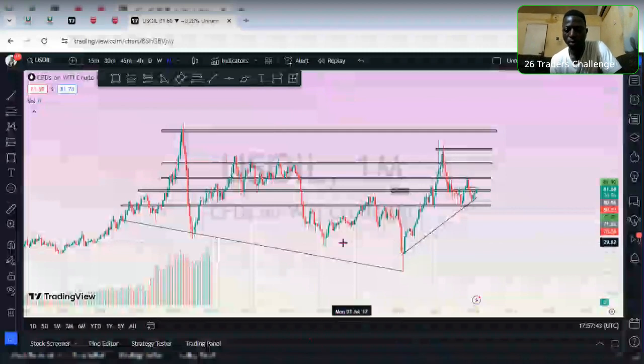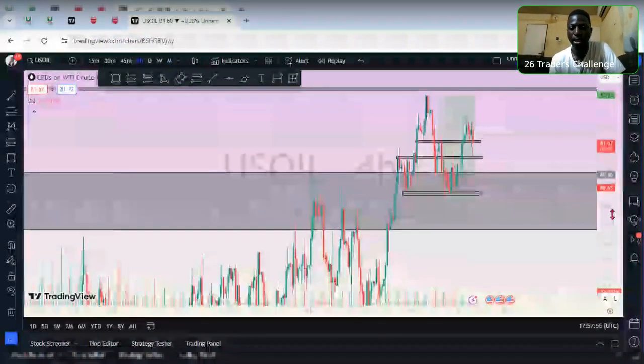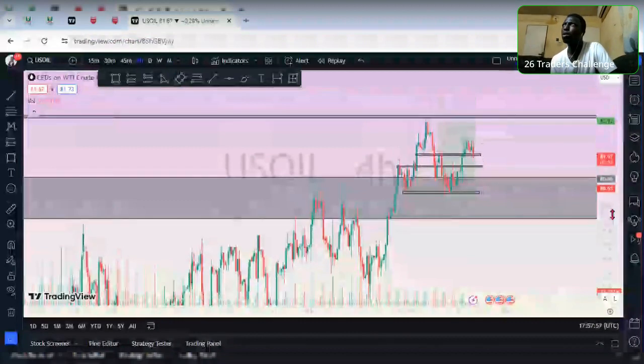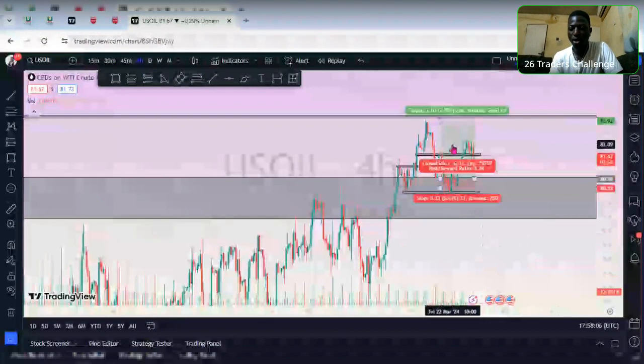Let me go to the 4 hour time frame. Now, on Sunday we analyzed that this market was going to go up. Then the market was here, and we came here yesterday, and we're still ranging at this zone currently.